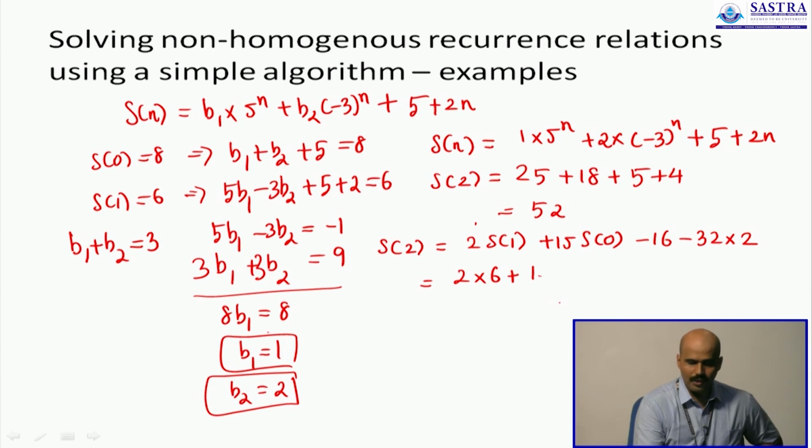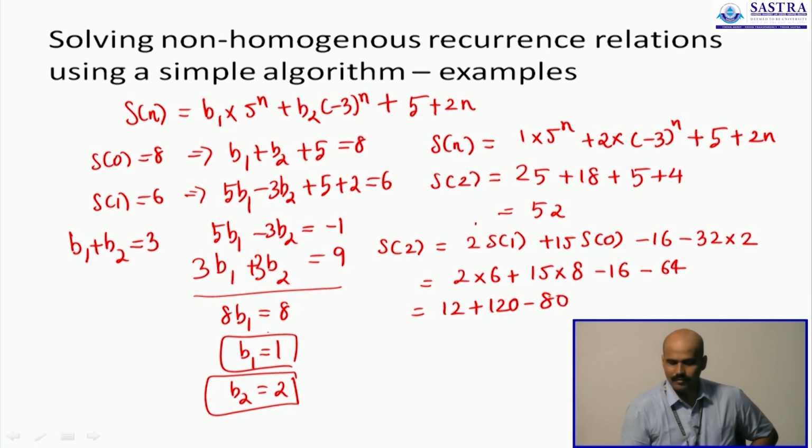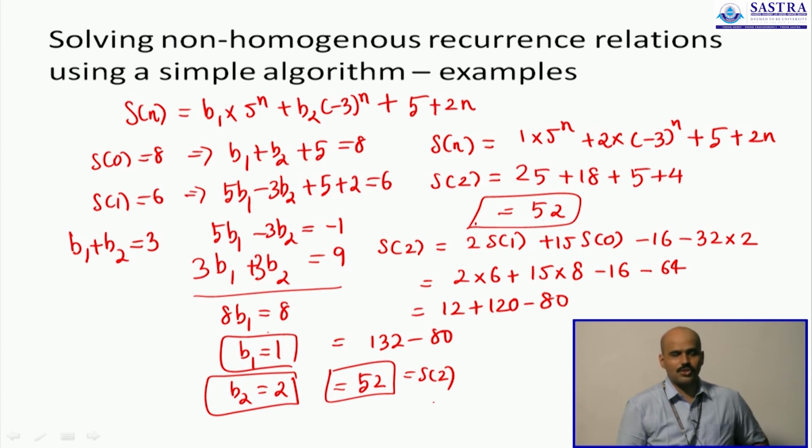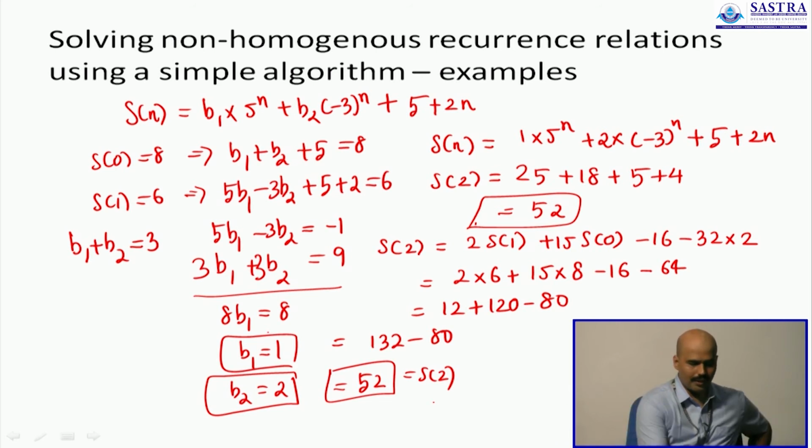S of 0 we know to be 8, which is 15 times 8, minus 16 minus 32 and 2 will give us 64. Adding them up, 12 plus 120 minus 80 is what we are looking for, and that's 132 minus 80, which is once again 52. So even in this case we get the same answer for S of 2 by both methods, which confirms with a lot of conviction that we have in fact solved the recurrence relation correctly.